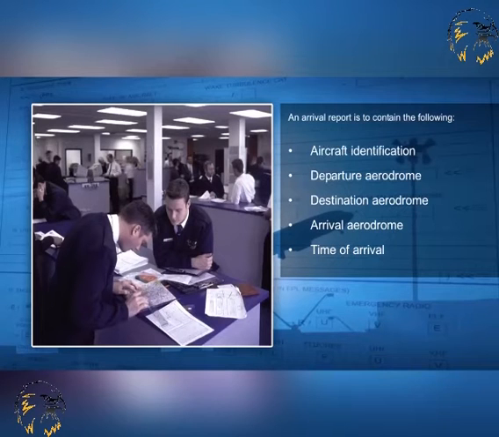An arrival report is to contain the following: aircraft identification, departure aerodrome, destination aerodrome, arrival aerodrome, time of arrival. Destination aerodrome is only included, of course, if it is not the arrival aerodrome. In other words, the aircraft has been diverted.